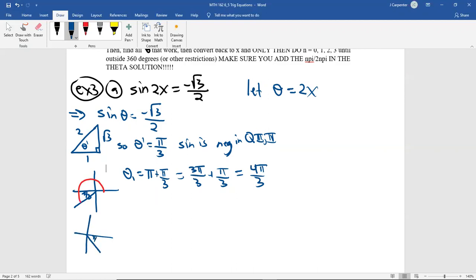So here's our pi over 3, meaning the actual angle swings till here, which is that 360 minus the angle case. 360 is 2 pi. So our second solution would be 2 pi minus pi over 3, which is 6 pi over 3 minus pi over 3, which is 5 pi over 3.